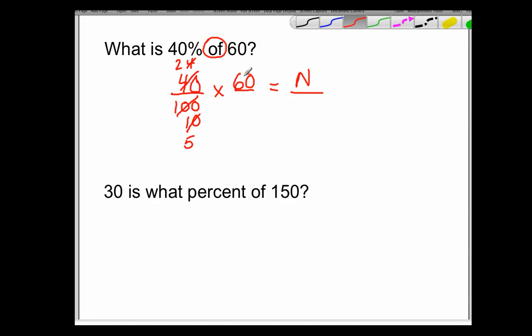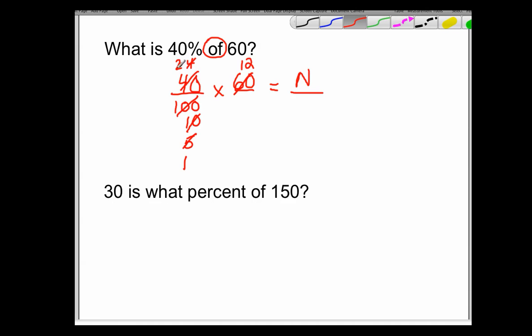Now let's see if we can cross-cancel the 5 and the 60. You can only cross-cancel when you're dealing with multiplication of fractions. So therefore, we have 5 and 60. This ends in 5, this ends in 0. Well, the rule for 5 says if the digits end in 0 or 5, they're both divisible by 5. So 5 goes into 5 once, and 5 goes into 60 12 times.